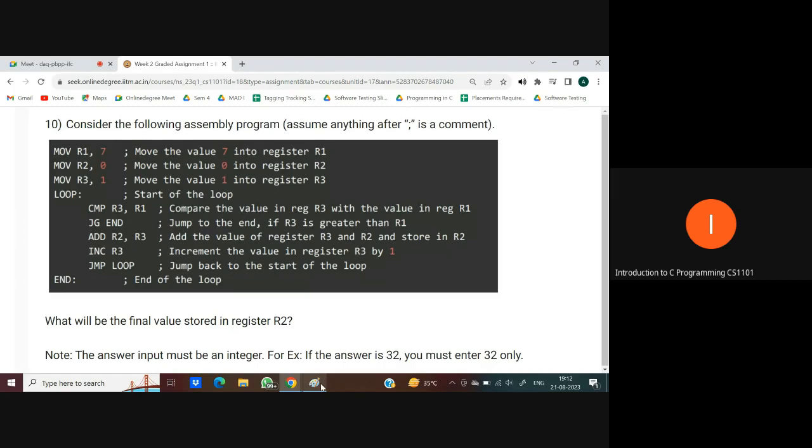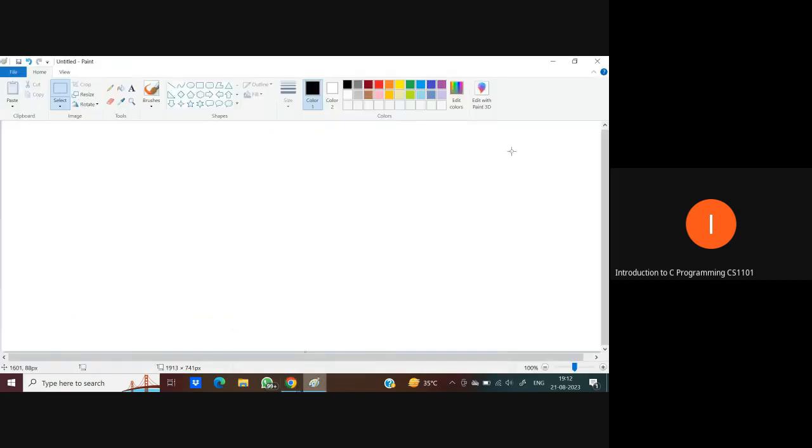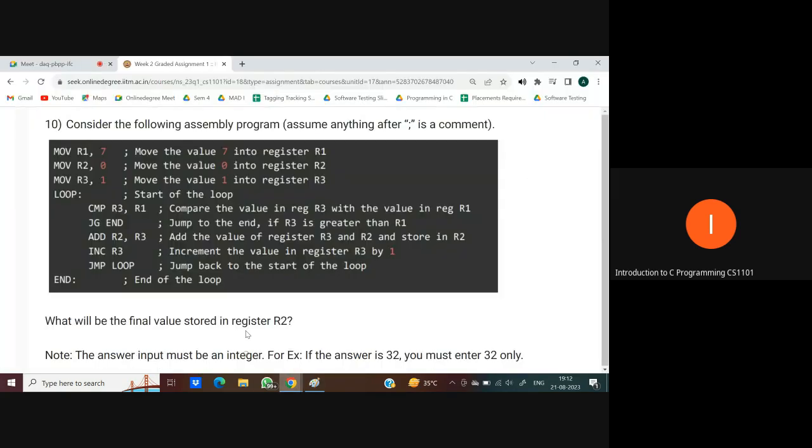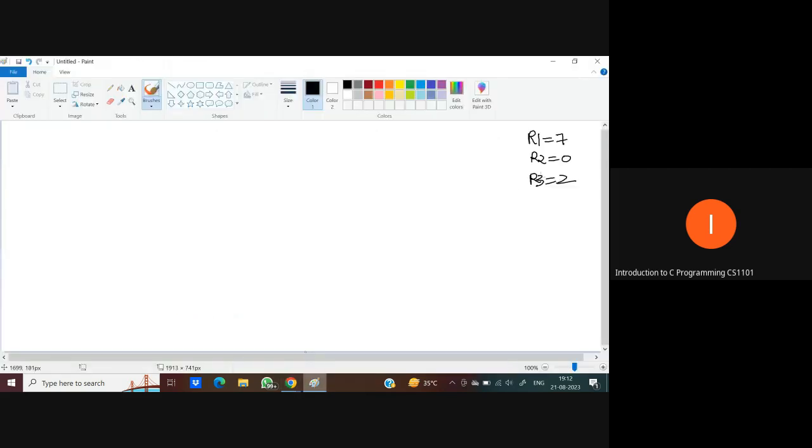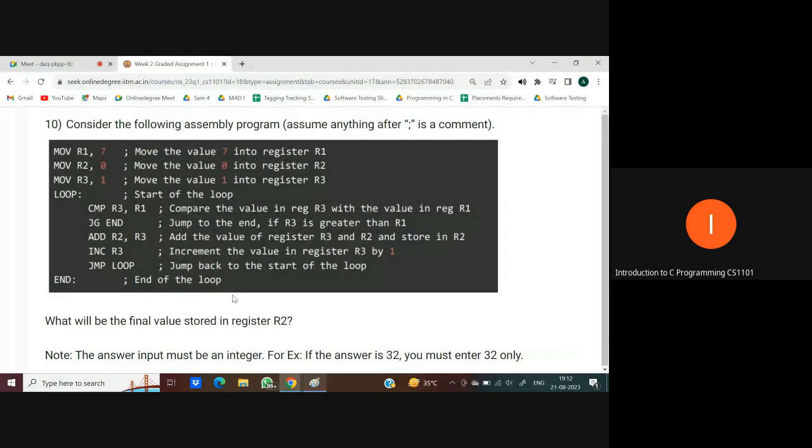So we have R1 7, R2 0, R3 1. I'll just write it quickly. R1 is 7, R2 is 0, and R3 is 1. Okay, so what we are doing here is it is the start of the loop.